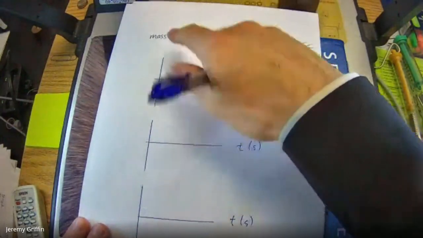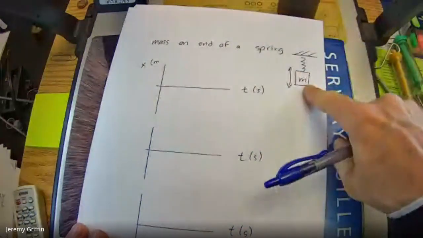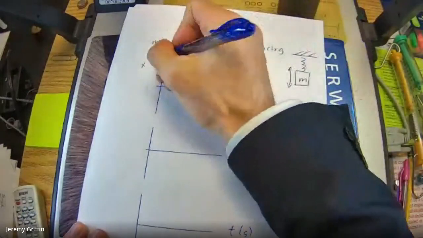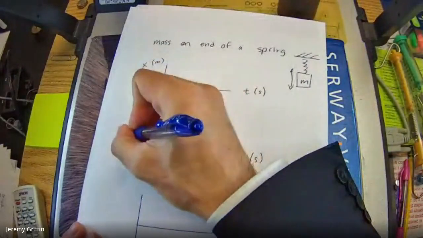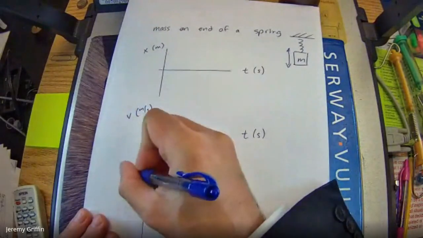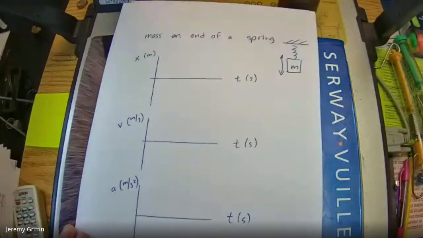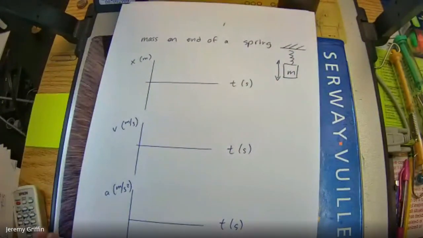Then let's look at displacement, like vertical displacement if it's bobbing up and down, maybe some number of meters. I'm interested in how fast it's going, like meters per second, and also in acceleration, like meters per second squared. I wonder what these graphs are going to look like.